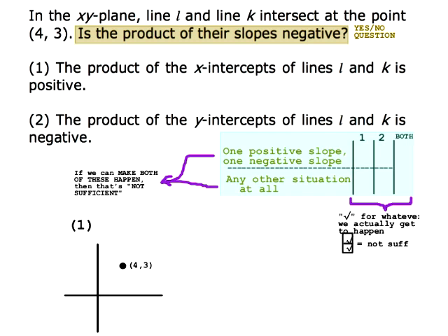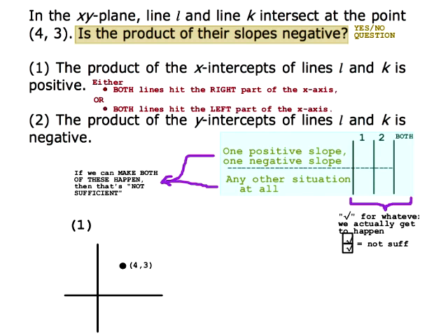So this means you have to draw a picture so that both lines hit the x-axis in the positive area, like on the right, or on the left. So both lines hit the right part of the x-axis, or both lines hit the left part of the x-axis. This is the condition that you have to obey.